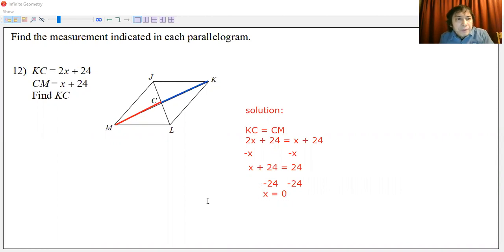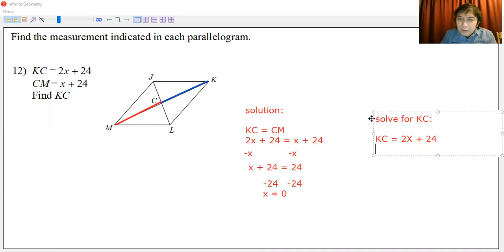So we can now solve for KC. KC is equivalent to 2x plus 24.